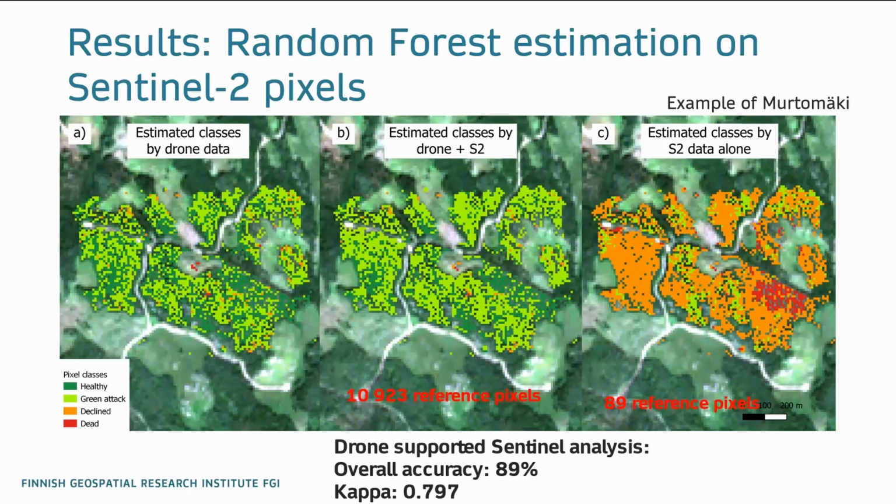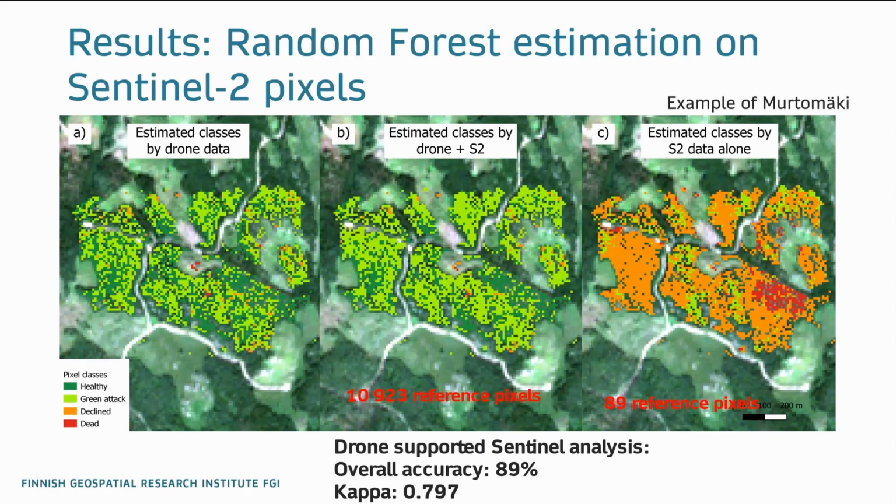And here are some visual results of what we get from there. Here on the left, these are the ground truth pixels from drone data. And here in the middle is the approach we were just trying. If we compare these two, they look quite similar. And then we would like to show the benefit of using drone data.